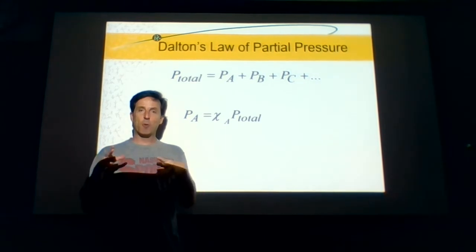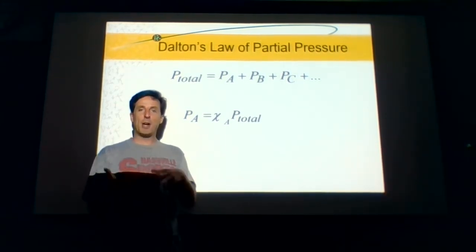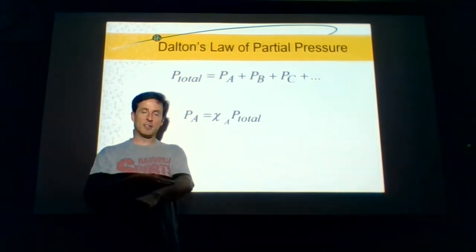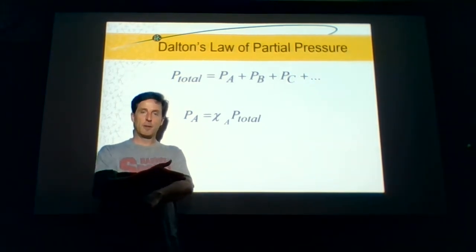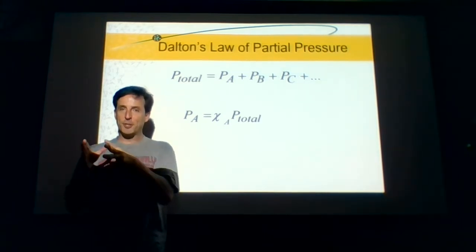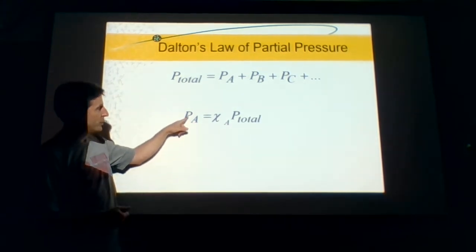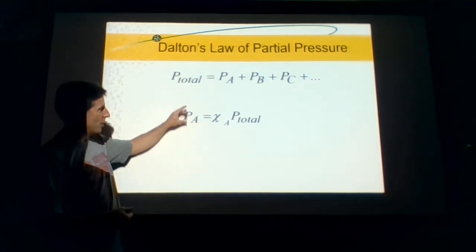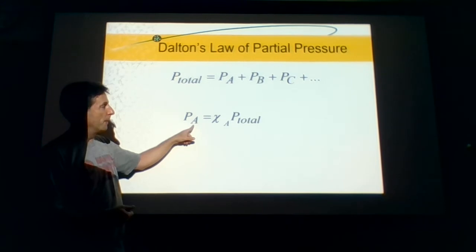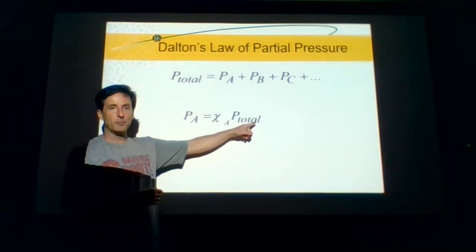Nitrogen has a mole fraction of 0.78. So how much of the pressure that I'm experiencing is coming from nitrogen? That would be called the partial pressure of nitrogen. It's whatever contribution nitrogen makes to the total pressure. Okay, so the partial pressure of nitrogen, which is the pressure of this one component, A, equals the mole fraction of that component times the total.